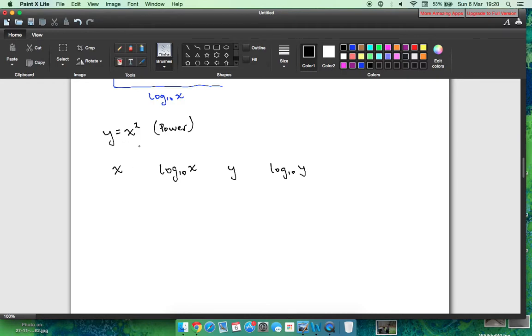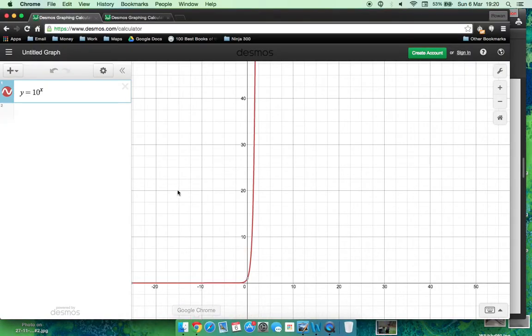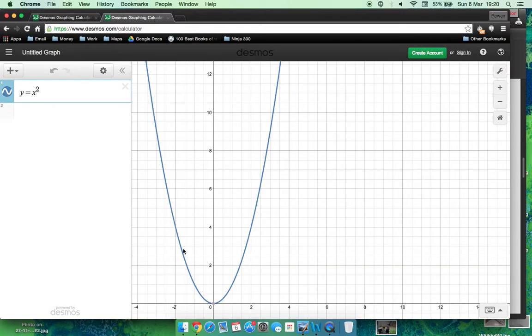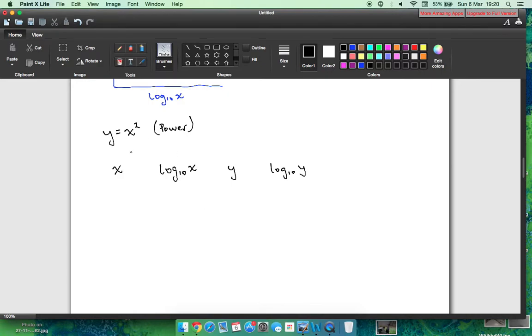So we're looking at y equals x squared, which is just your basic parabola. So if I let x equal 0, 1, 2, 3, 4, then my y values are going to be those values squared. So it would be 0, 1, 4, 9, and 16.